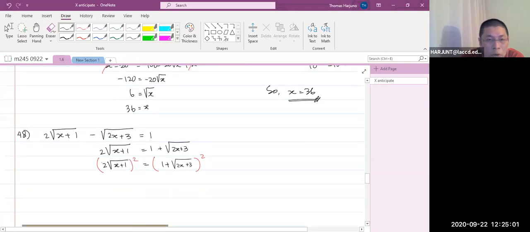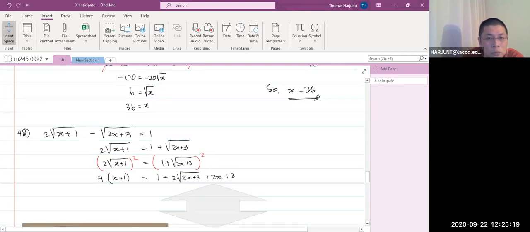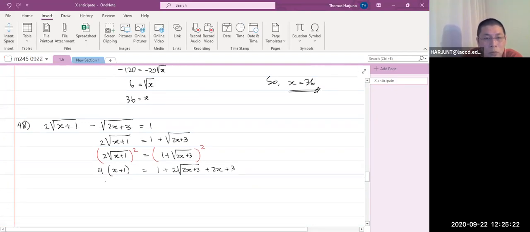Now when you square, this becomes 4 times x plus 1, and this becomes 1 plus 2 square root of 2x plus 3 plus 2x plus 3. Simplify each side: this is 2x plus 4 plus 2 square root of 2x plus 3.